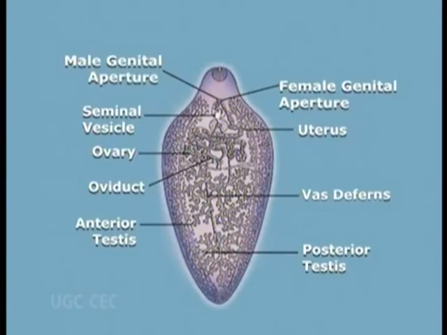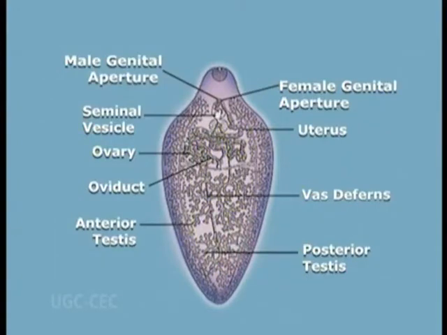I think you all know that hermaphrodite animals means the male reproductive parts as well as the female reproductive organs are present in a single animal, and both the male and the female reproductive organs will produce spermatozoa as well as ova. In this animal, self fertilization is very rare.